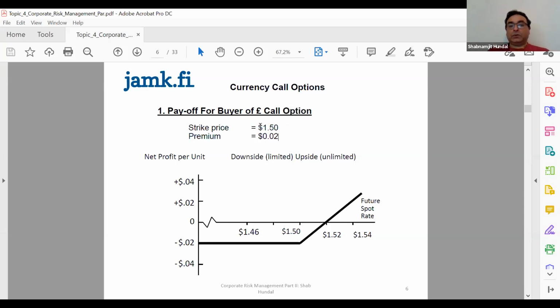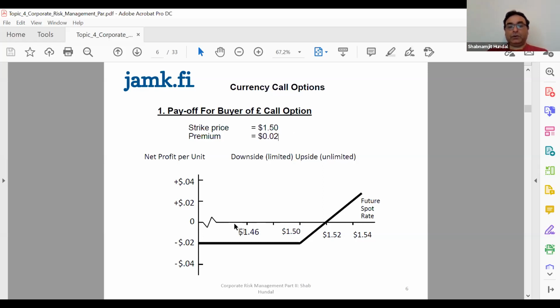So even though the cost is altogether the same, 1.52, 1.52, you still consider this 2 cents as a loss, because had you known in the very beginning that the market price would be 1.50, you would have never bought this option contract in the first place.